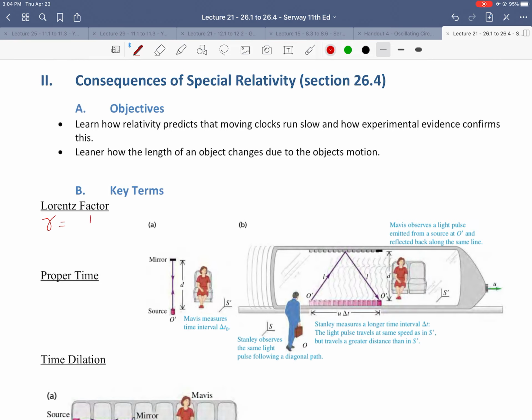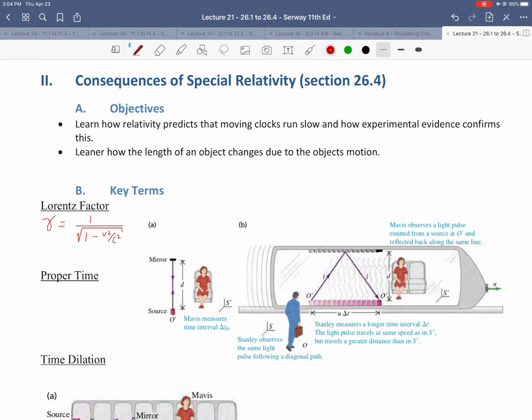That's the letter that's commonly used and also used by your textbook. And it's simply equal to 1 over the square root of 1 minus the velocity you're traveling at divided by the speed of light, squared.